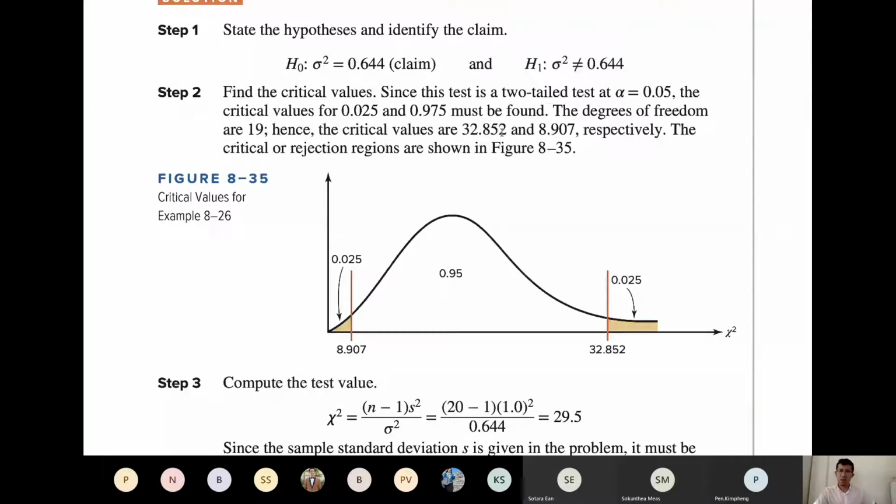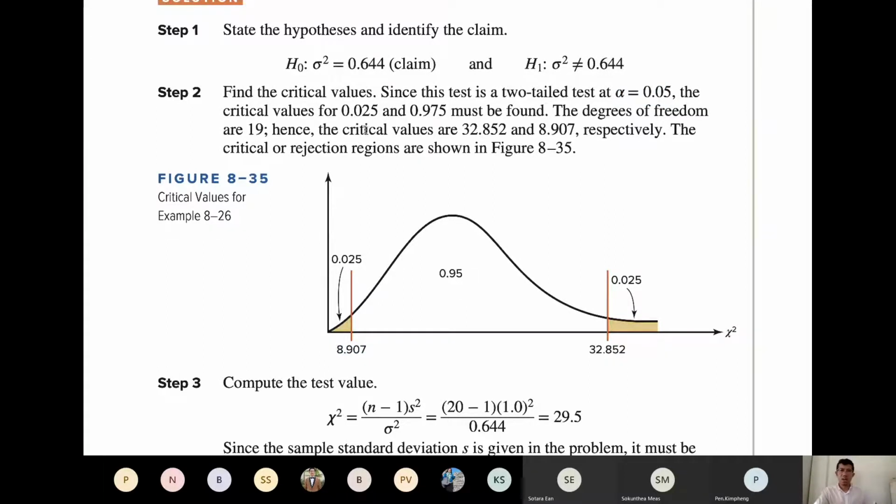Okay, alpha is 0.05, so you have to divide alpha into 2: 0.025, and another 0.025 to the left, right? So what you have to do is compute the critical values corresponding to this.